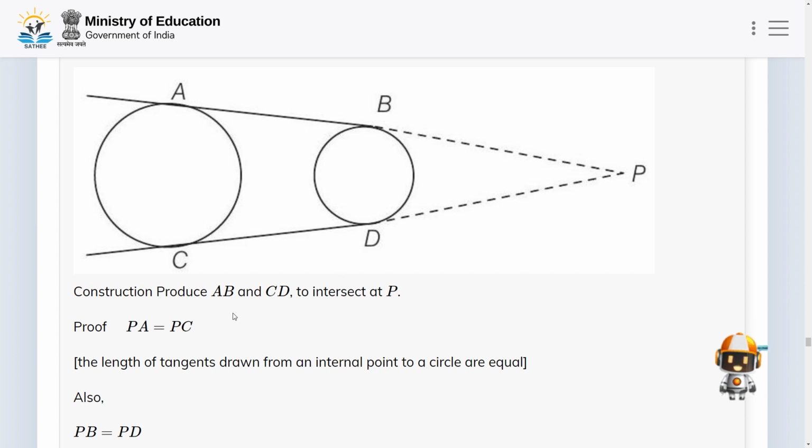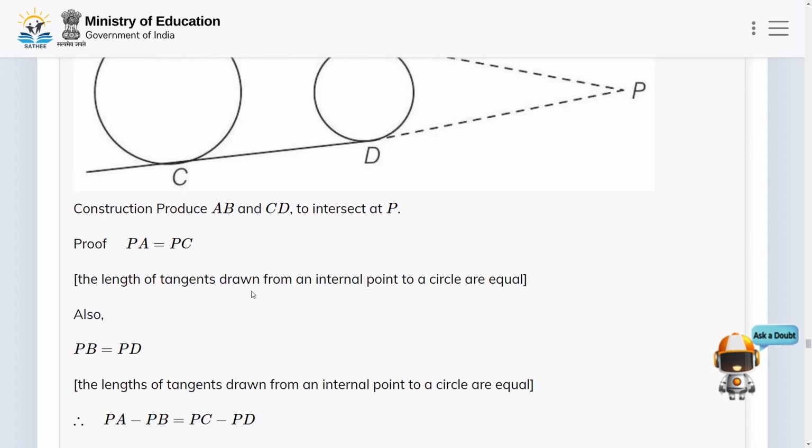Construction: produce AB and CD to intersect at point P. If we extend AB and CD, then they will intersect at point P. So PA is equal to PC, since the lengths of tangents drawn from an external point to a circle are equal, that you have studied in our previous lecture.